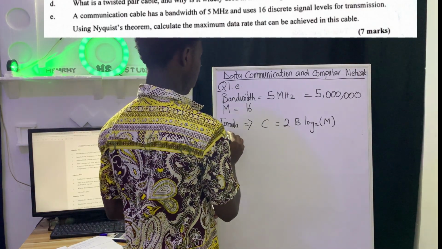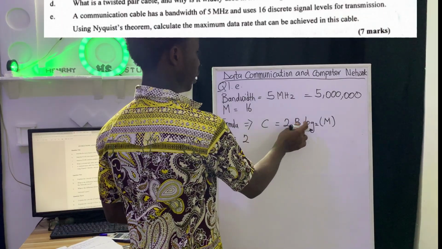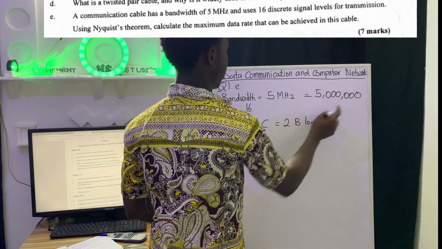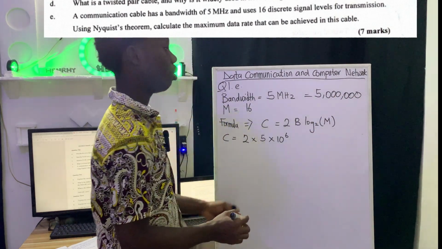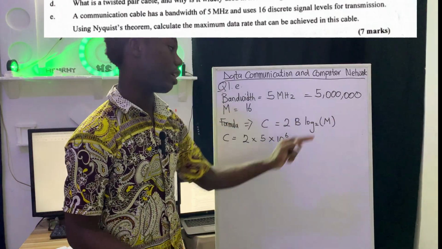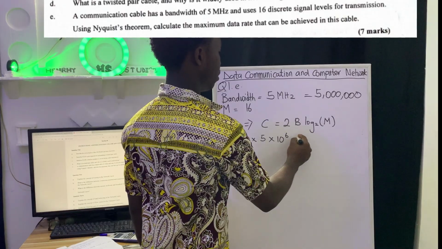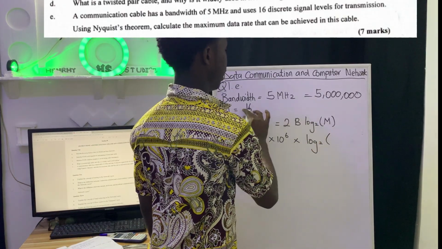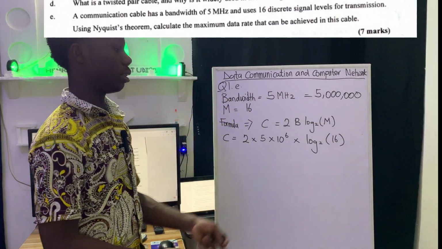So C is equal to 2, then B was 5 times 10 raised to the power 6, or you can just write the 5 million here, times log2(16).